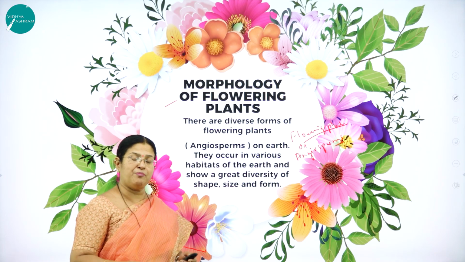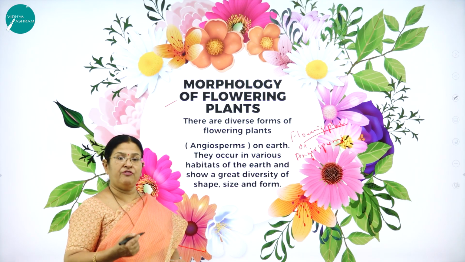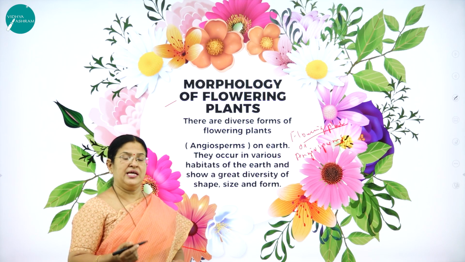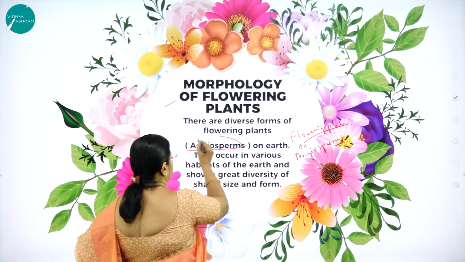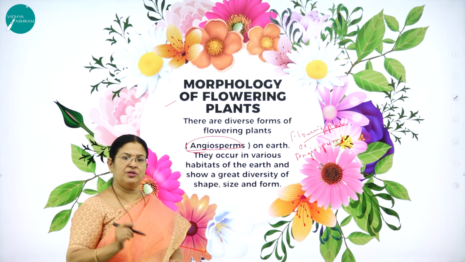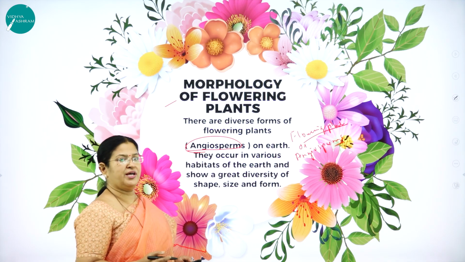So we are going to study the outward, the external morphological structure of a flowering plant, and as I said, the maximum number of plants that we come across on this planet Earth are angiosperms, and angiosperms are called what?